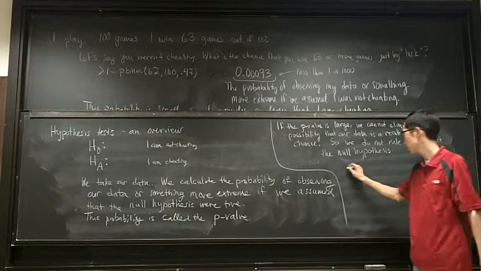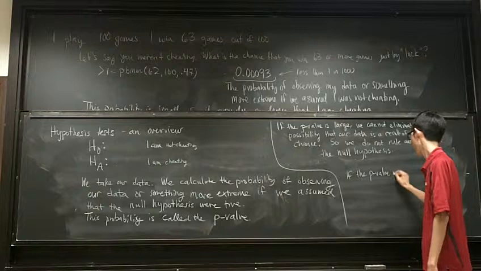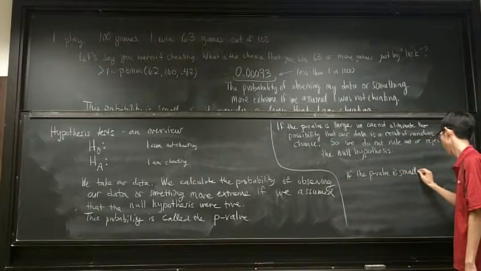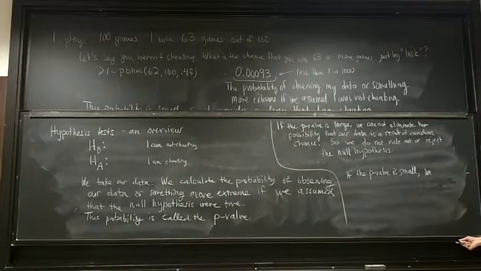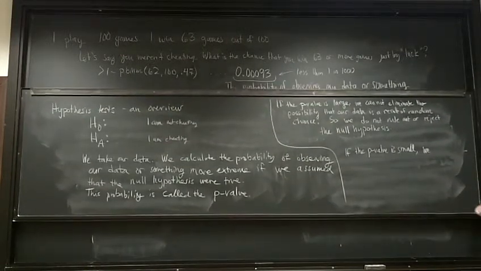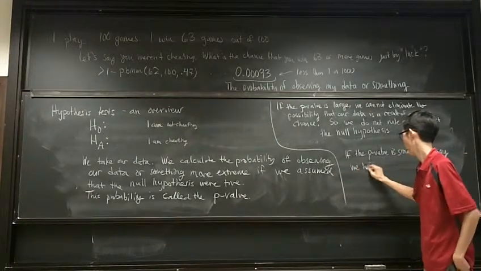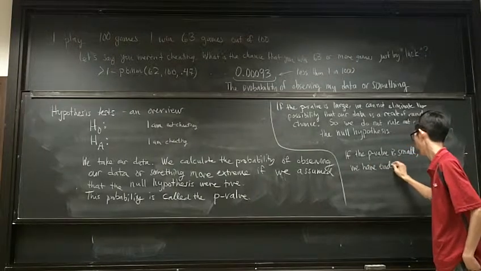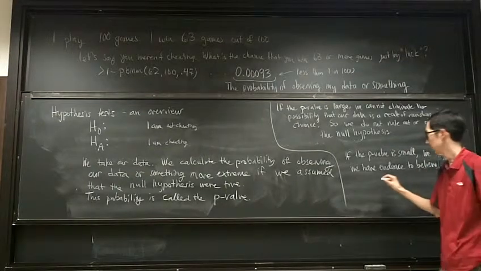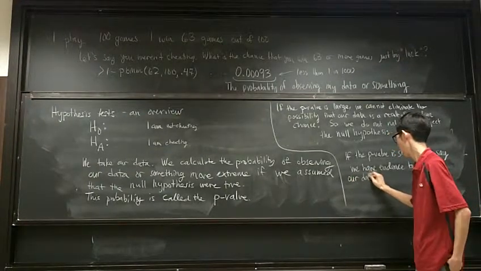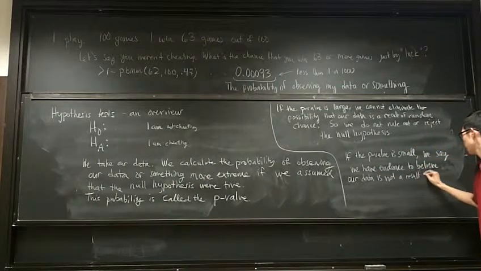On the other hand, if the p-value is small, we say that we have evidence to believe our data is not a result of random chance alone.